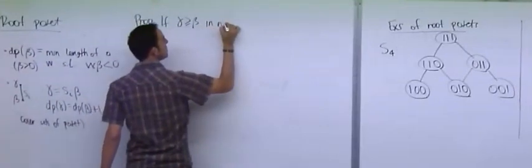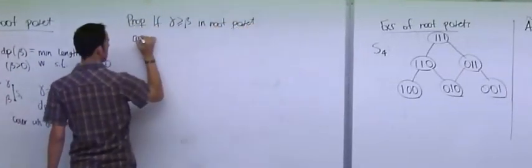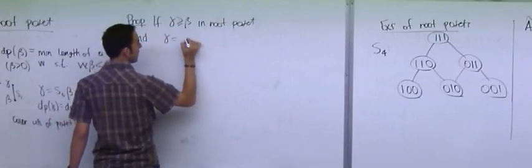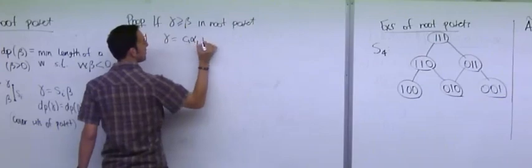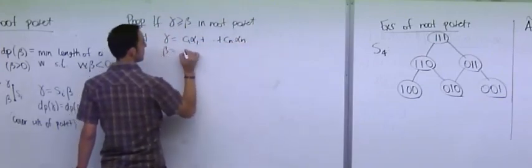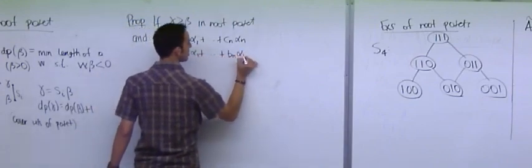So proposition, if I have gamma larger than beta in the root poset, and if I write them in terms of the basis, let's say gamma is C1 alpha 1 up to Cn alpha n, and beta is B1 alpha 1 up to Bn alpha n.